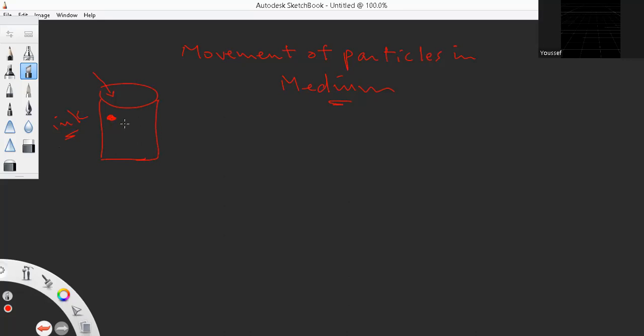After a while, you will see that this ink drop will diffuse all over the water glass. Then all the water will take the color of the ink.